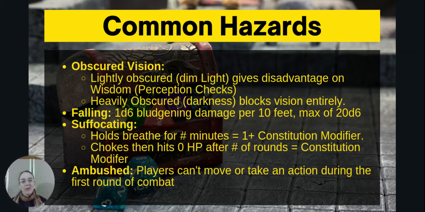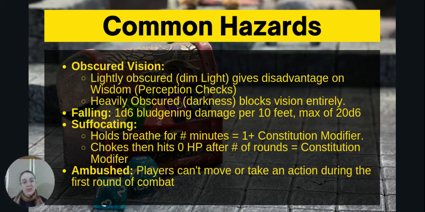Finally, we have common hazards. There is, of course, combat, which we will be talking about next, in part 5 of our videos. But some other common hazards you will face is obscured vision. Lightly obscured is when the light is dim. If it's a dim light, you can't see as well.